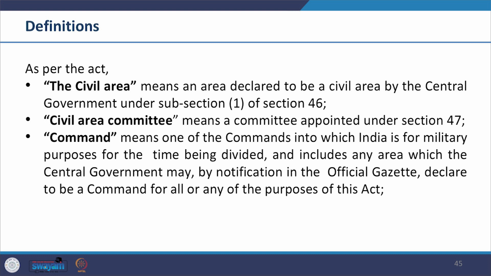Further, we see a civil area committee is also formed, which is the committee appointed under this particular provision. Further, we see there's a term command, which means one of the commands into which India is for military purposes for the time being divided. So as per the national policy, how they are dividing the areas, under which area it falls.